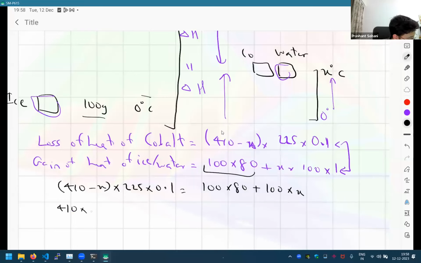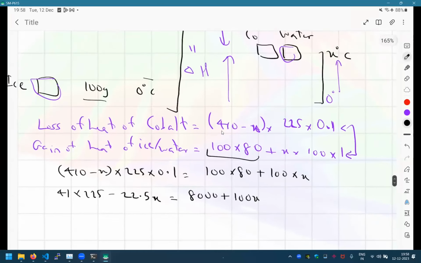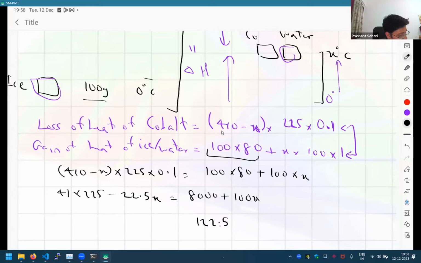So 410 into 22.5 gives 9225. Again, taking x to one side, I want to get 122.5x is equal to this.